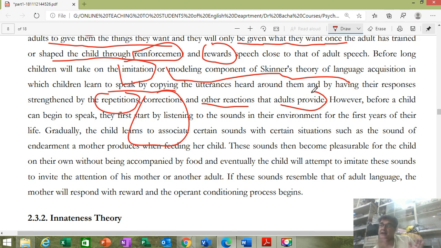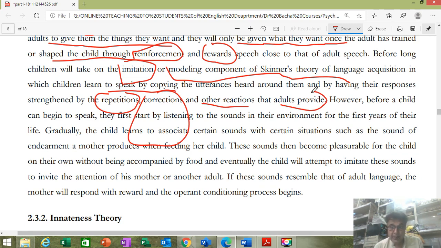Their responses are strengthened after repetitions and corrections, and even further reinforced after the reactions that adults provide. So if the adult response is positive and reinforcing, that would superbly help the child learn language faster and quicker.